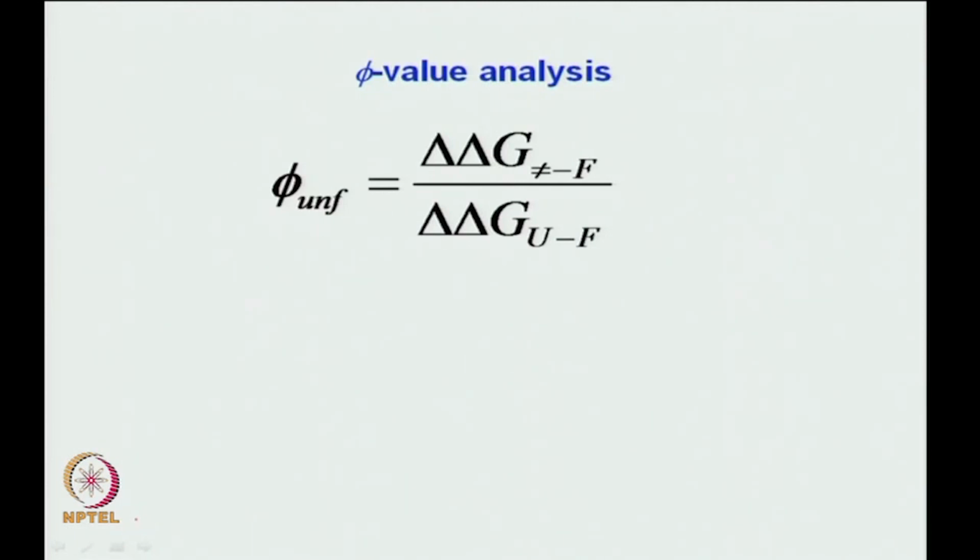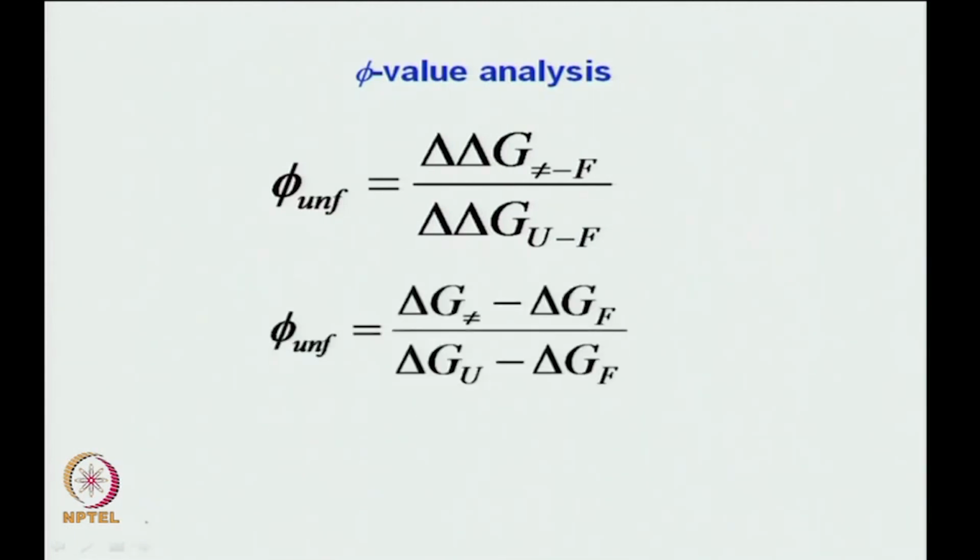And to make it a little more clear for you, this is how it goes. So, phi unfolding is equal to the change in the barrier minus the change in the folded state, which is in the top one, the numerator, and the denominator essentially is delta G u minus delta G f.